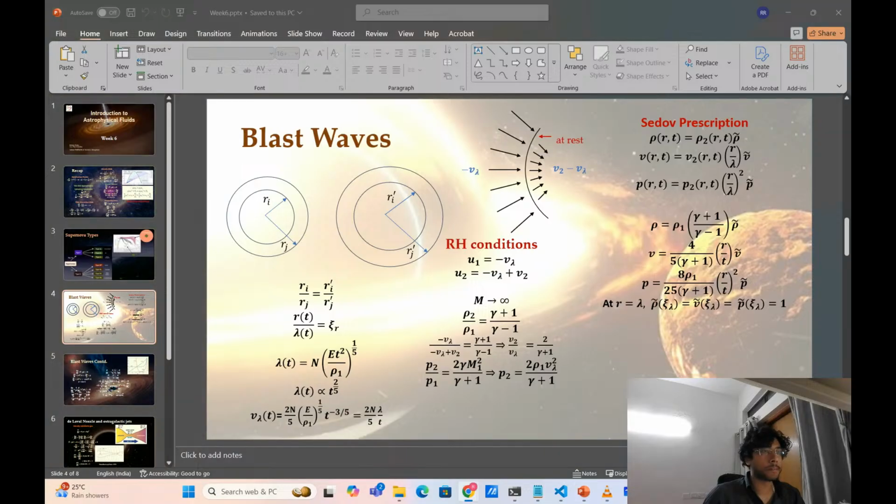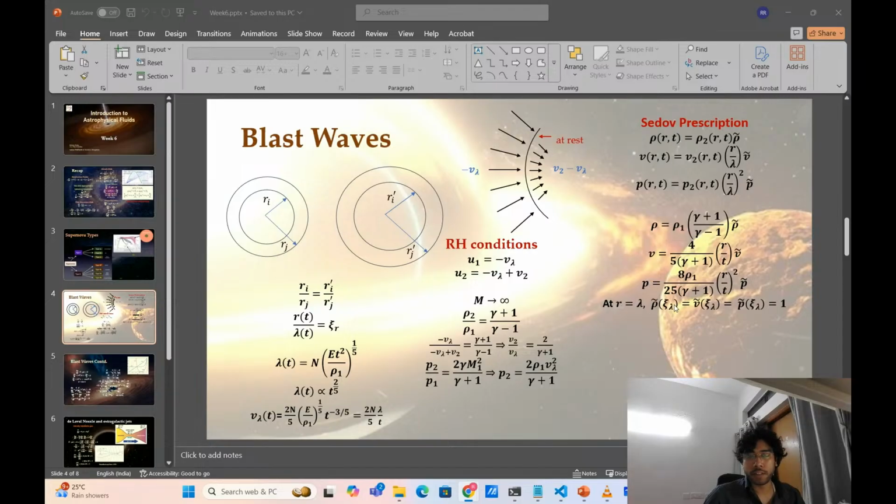So now we will see how we can use these variables to find the properties of shock waves, and how these variables vary across the shocks.